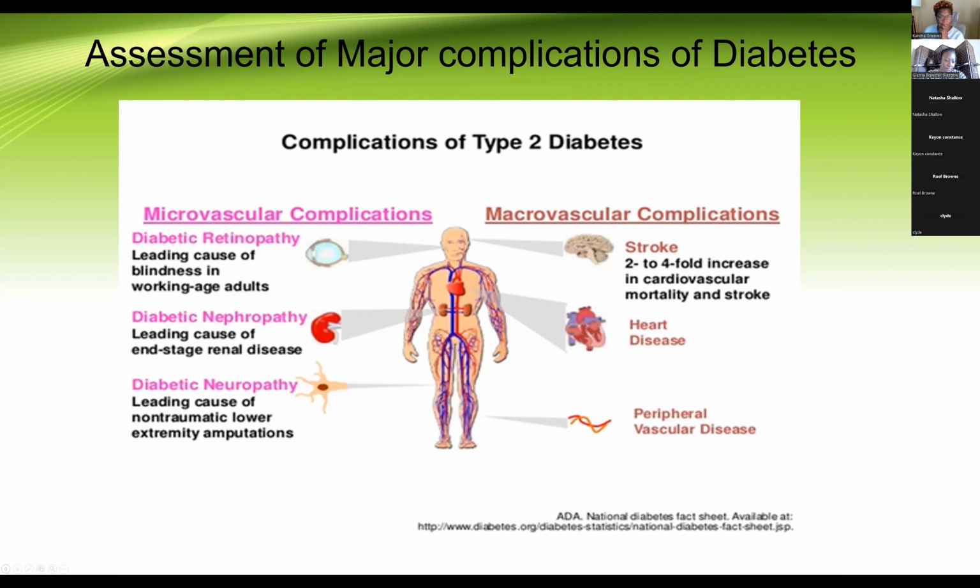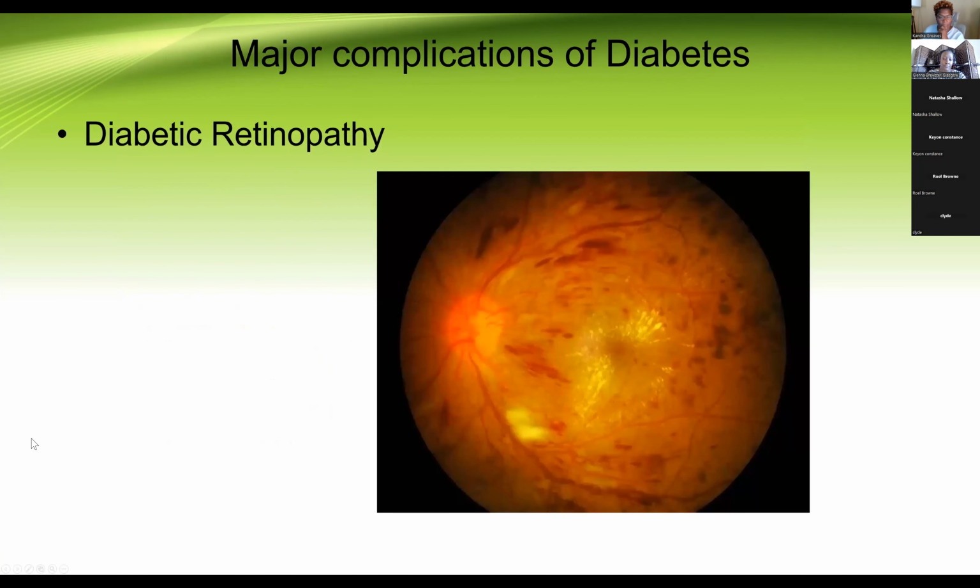Yes, so diabetic retinopathy. In the eye, there is a very sensitive area known as the retina, and that is responsible for taking the light from the outside and sending it as messages to the brain so that we can have an image. Basically, that is what allows us to form an image in our eyes.